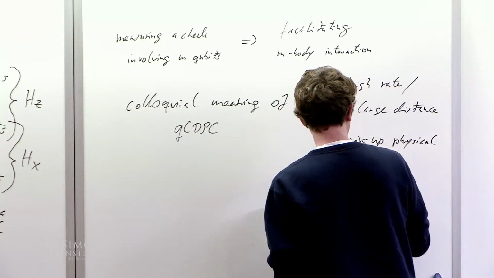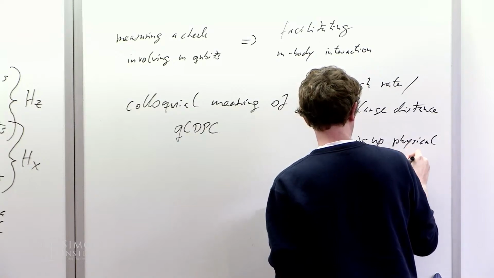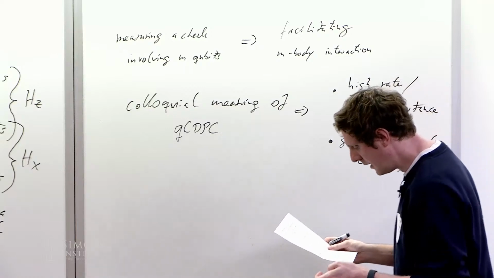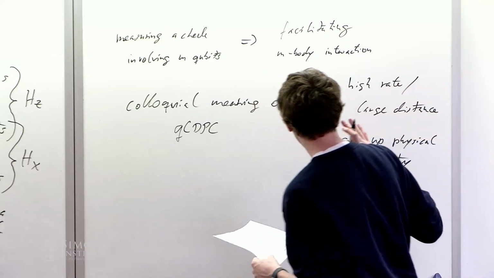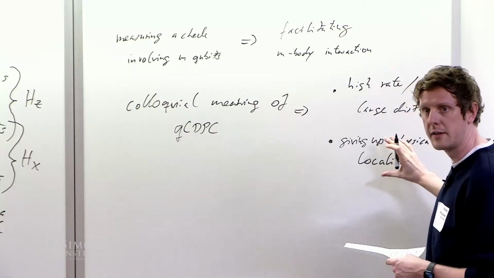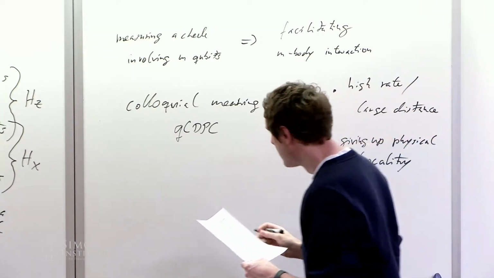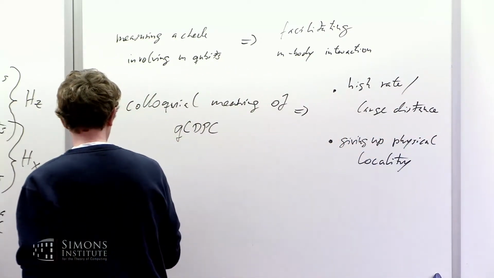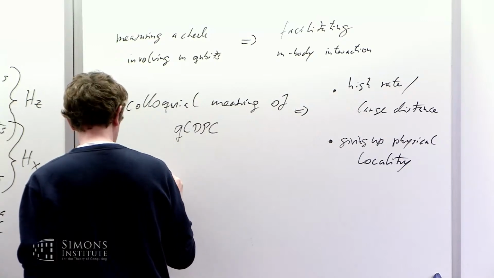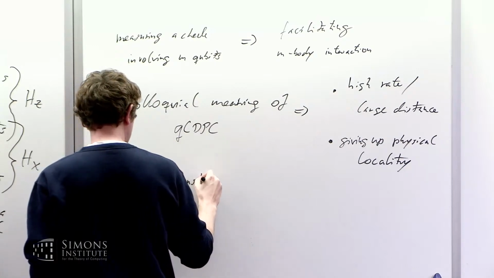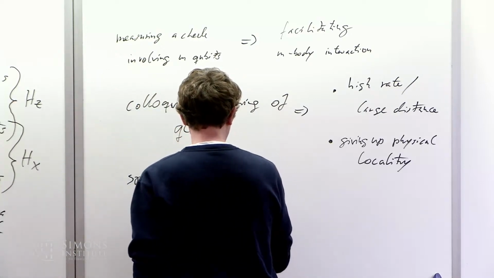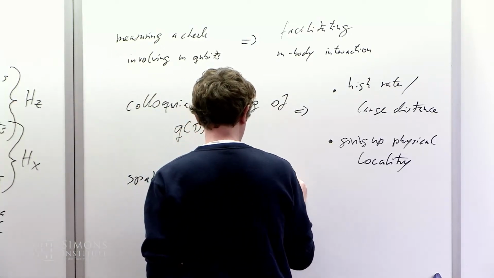I will make this more precise in the next couple of hours. But one thing I want to say at this point is that these two things actually go hand in hand, because it turns out that if we have spatial constraints, then this implies constraints on code parameters.